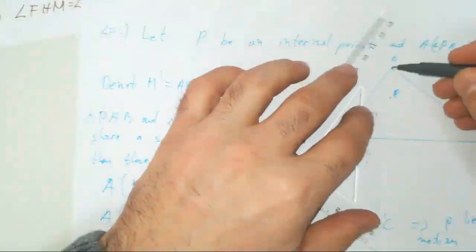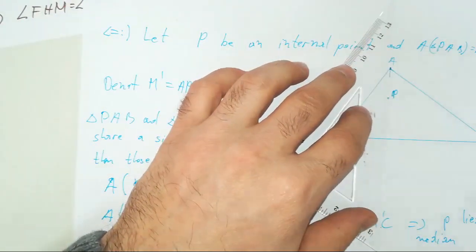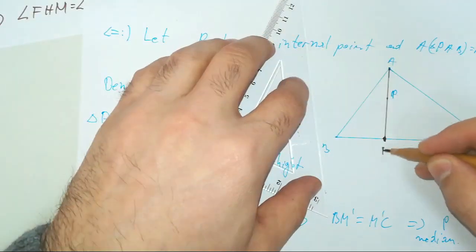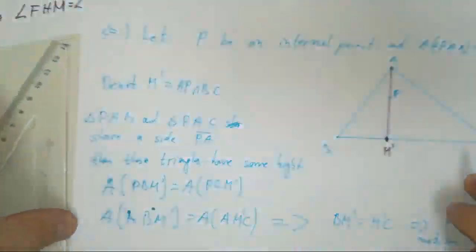It means that this line, let this one be M prime.